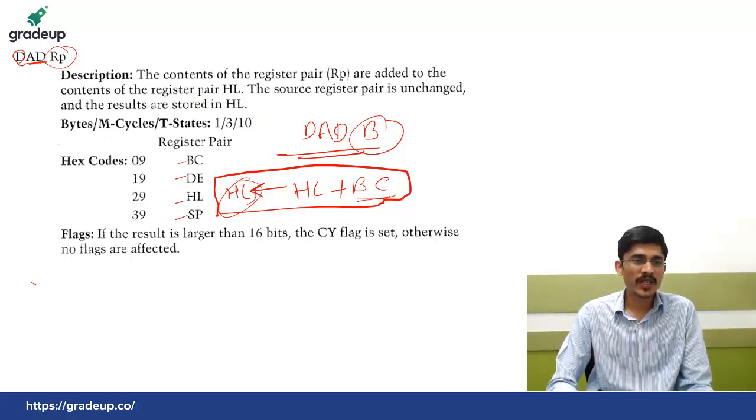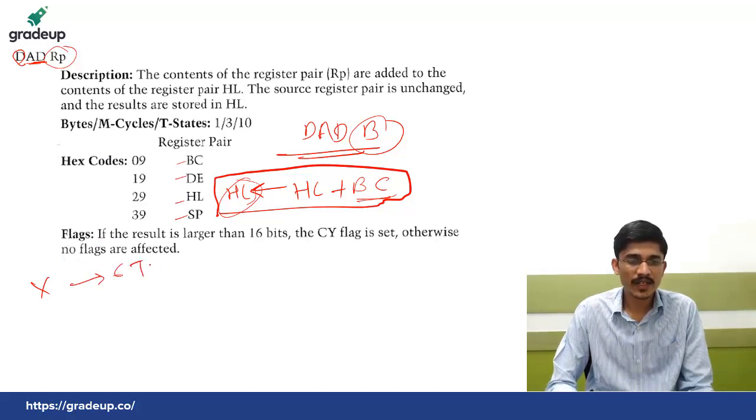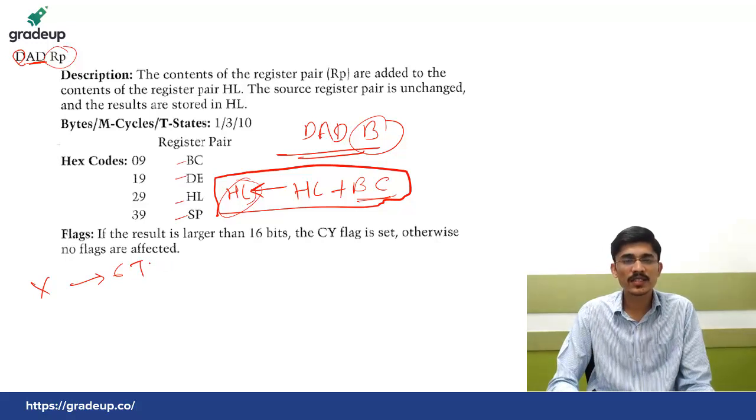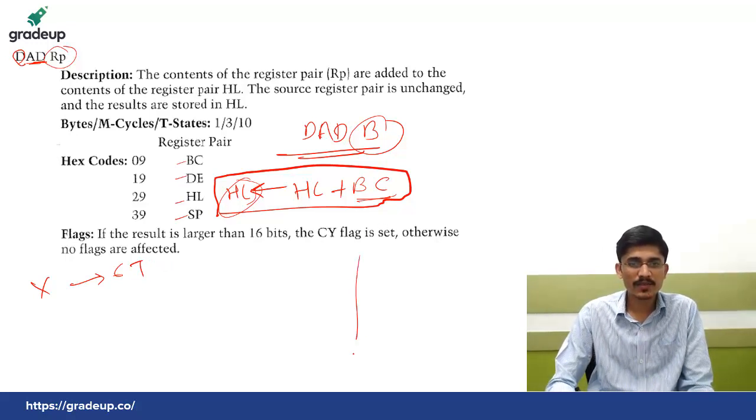Let me tell you how the timing is obtained. I have explained you, whenever X is there, 6 T states are required. But here we will check that in memory. Suppose it is given DAD RP, say opcode 29.